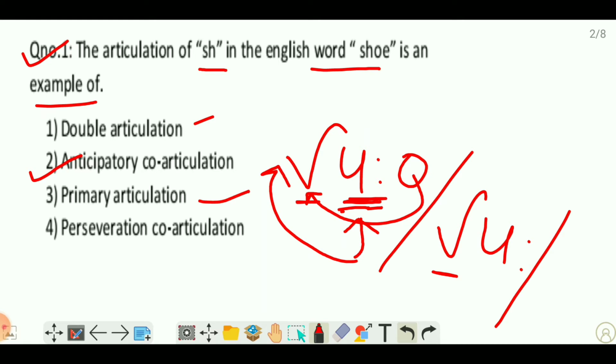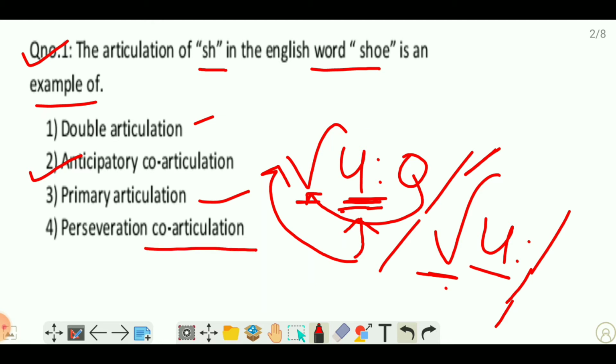It is the primary articulation. But because it is followed by a rounded vowel, this sh sound also goes through lip rounding. That lip rounding is the secondary articulation, and the post-alveolar fricative features are its primary articulation.